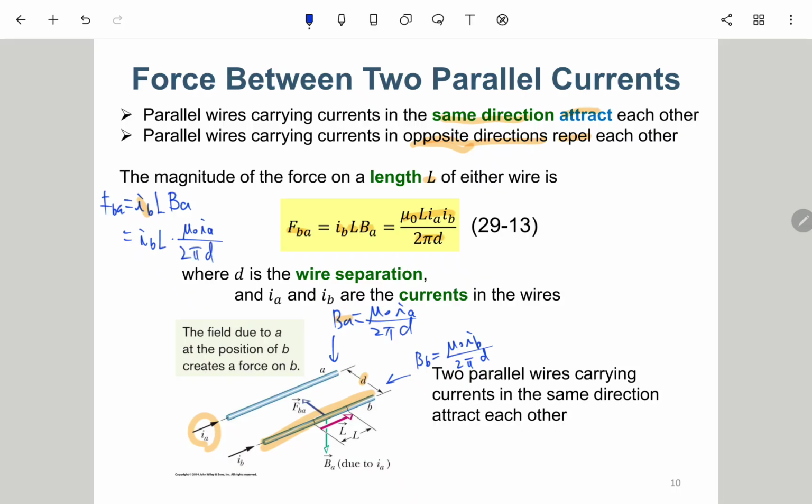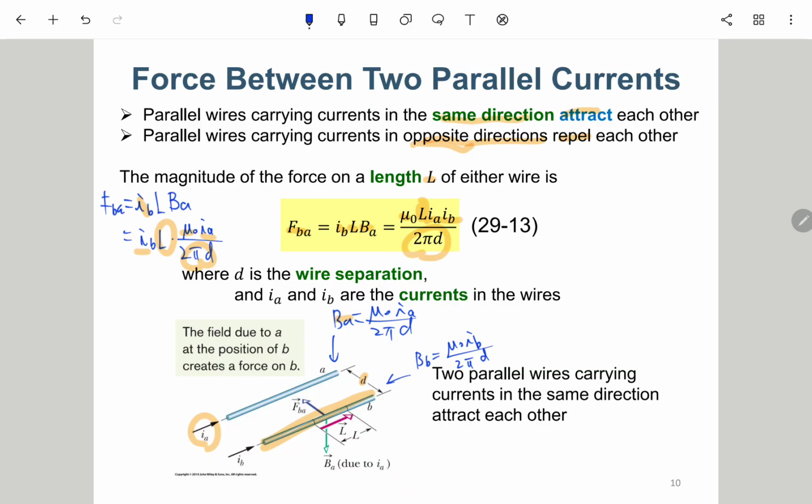Now collect the terms: you have mu 0, then L, then IA IB, and then 2 pi d. This is quite symmetric, which is mu 0 L IA IB over 2 pi d.